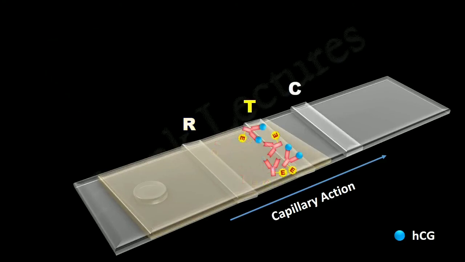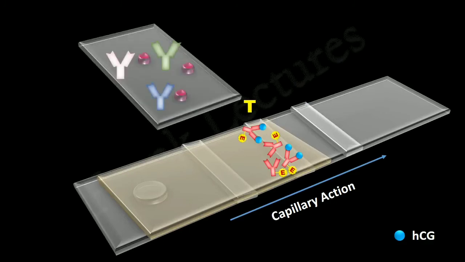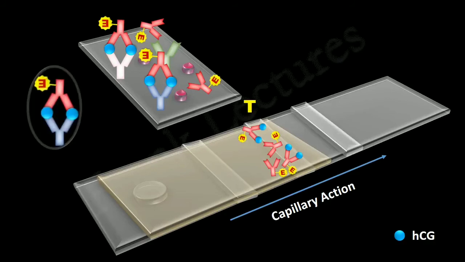Now, let's see what happens in the test zone. Recall that in the test zone, polyclonal anti-HCG antibodies are present. These antibodies bind to the HCG molecules of the HCG enzyme-conjugated antibody complexes. Here, you can see that HCG is now sandwiched between the two antibodies.